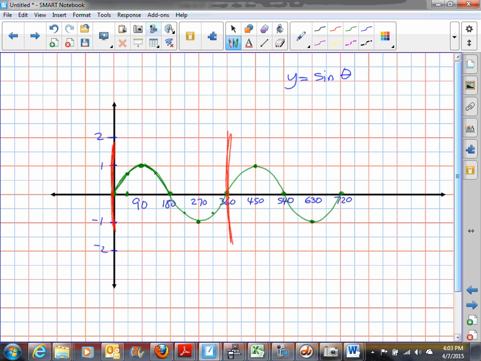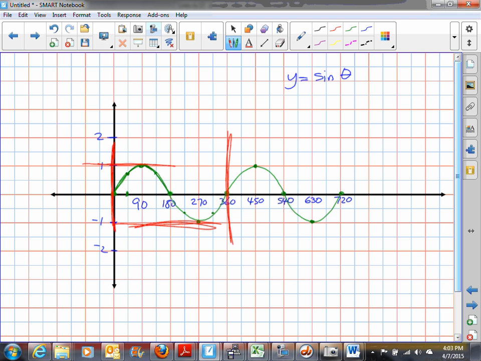The height of the sine graph is 1, and the bottom of the graph is -1. So all of the sine graph is between -1 and 1. And the period is 360. I think I said that. Okay, now, you need to be able to realize that this is the shape of the sine graph.